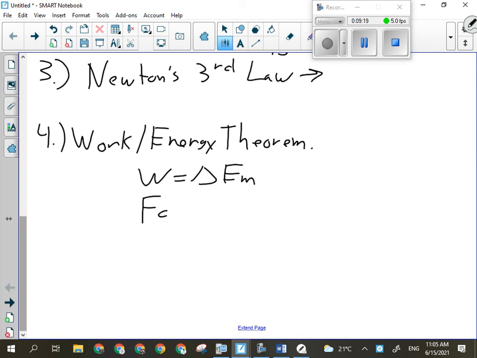And that means force times distance equals our final mechanical energy minus our initial mechanical energy.